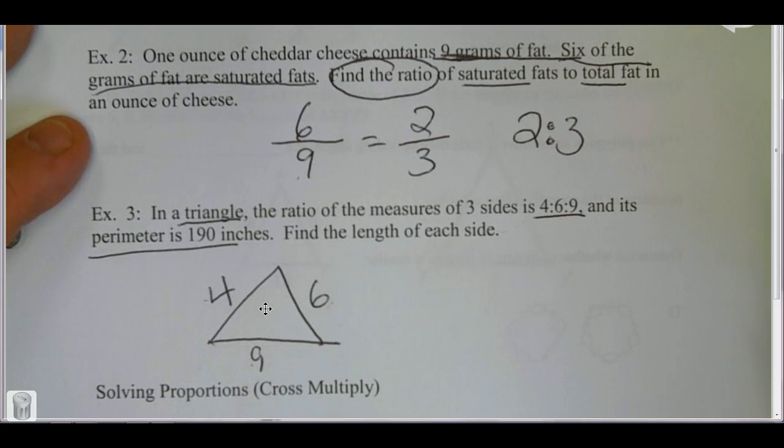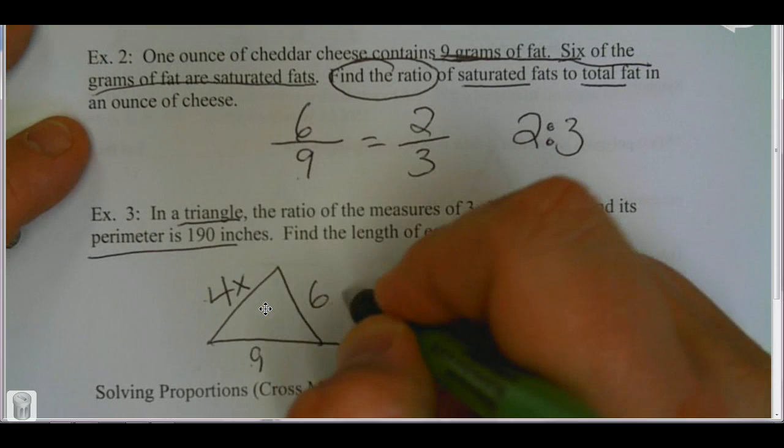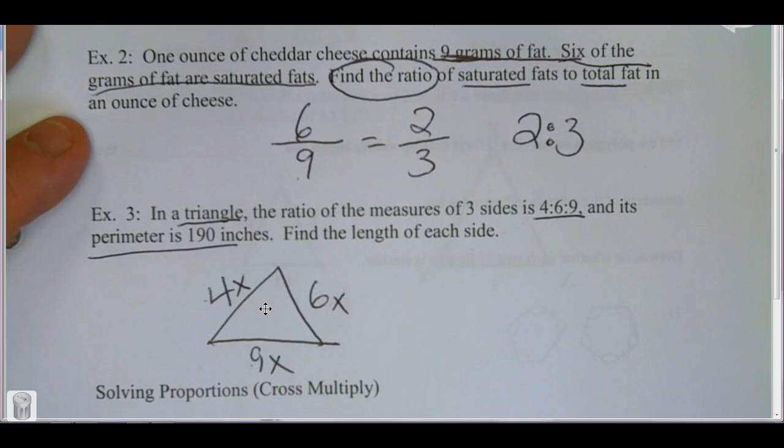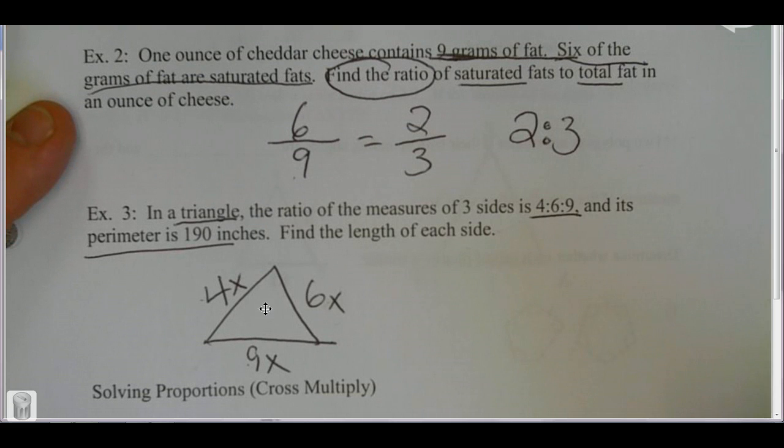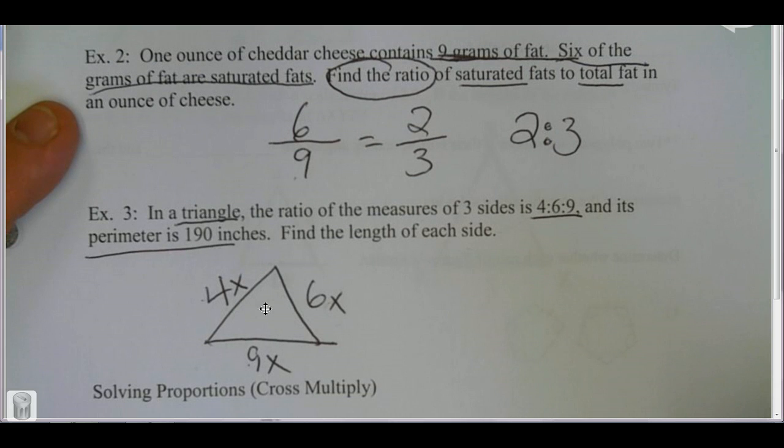When we're trying to solve for something, we have to replace it with a variable. So what are we going to do in order to find the length of the perimeter? Hopefully you said we're going to add the 3 pieces of information.